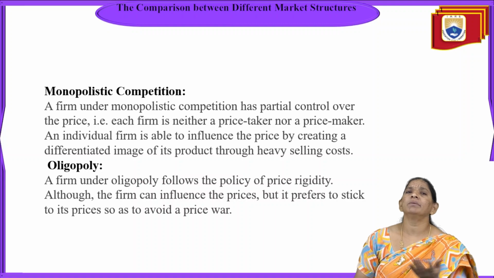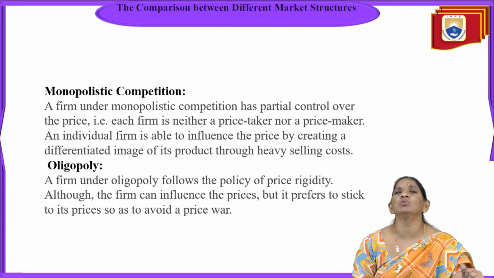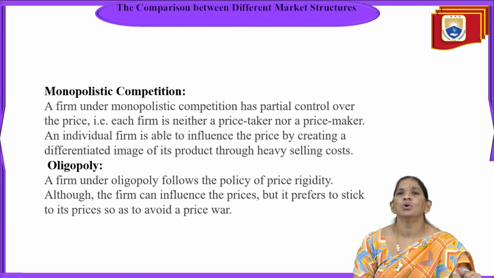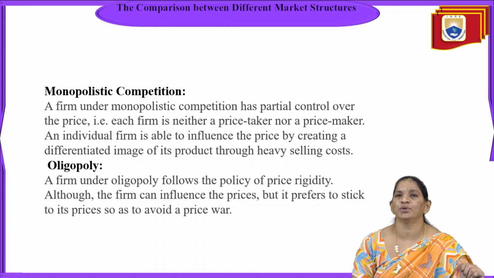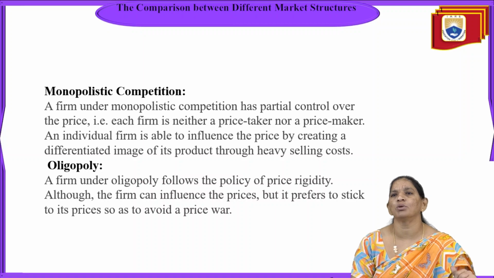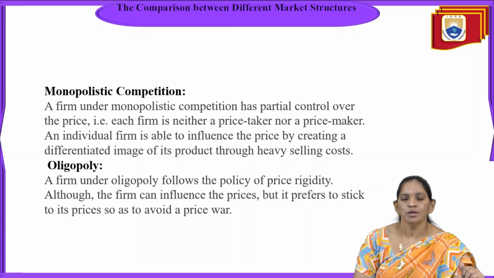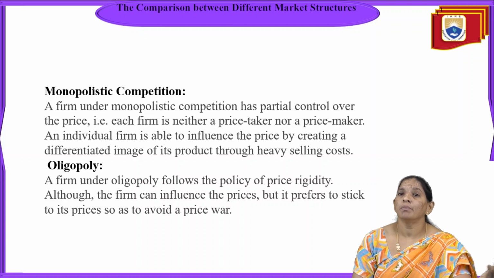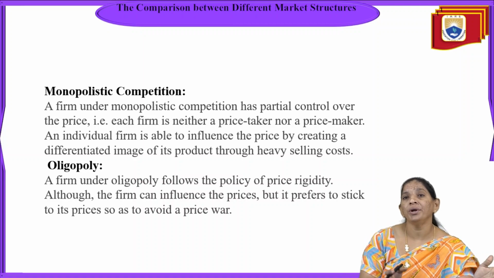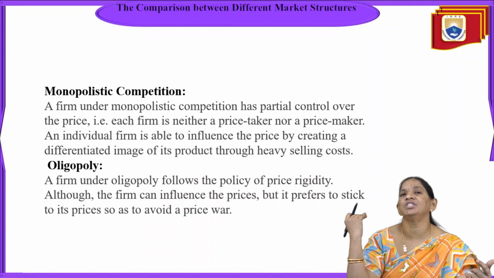Another market structure we come across is monopolistic, where there is partial control of the price. Each firm is neither a price taker nor a price maker. Here the individual firm influences the market by creating its own demand, based upon the differentiated features of the product.